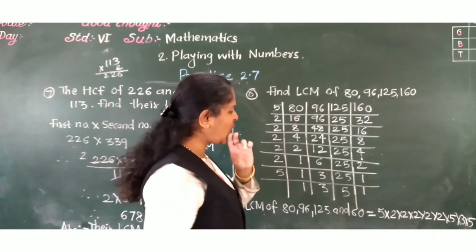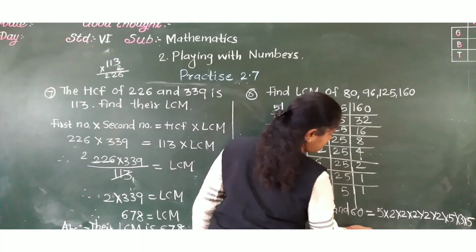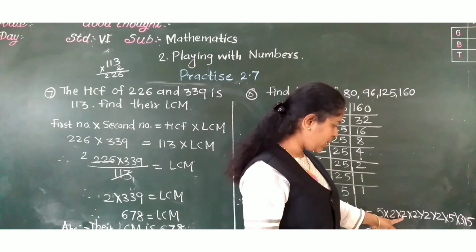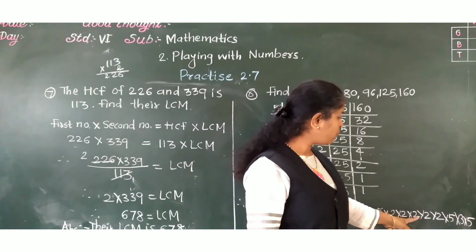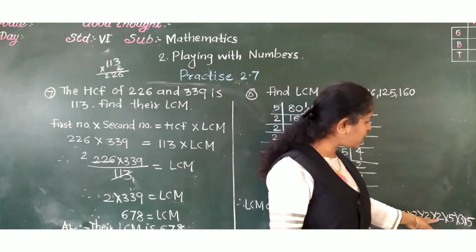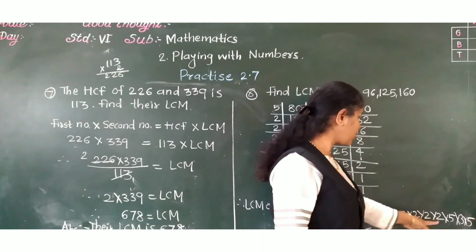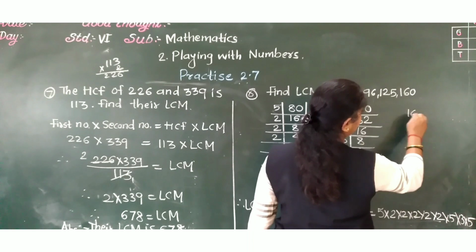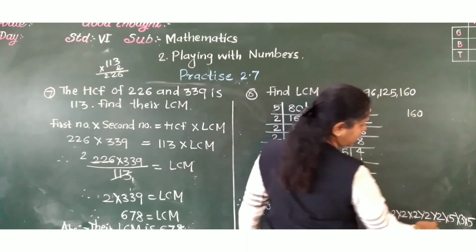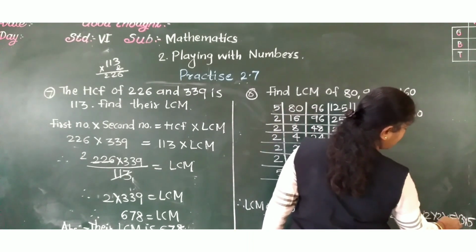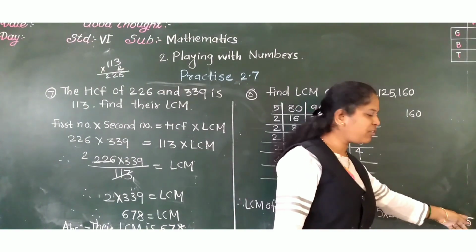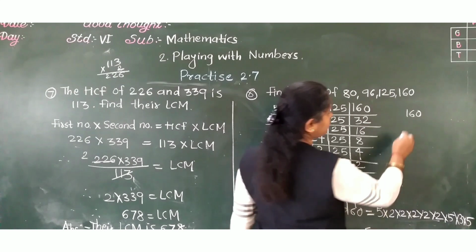Okay. Now we'll do multiplication. 5 twos are 10, 10 twos are 20, 20 twos are 40, 40 twos are 80, 80 twos are 160. Okay. Up to here we have done 160. Then now what is remaining? 5 threes are 15 and 15 fives are 75.